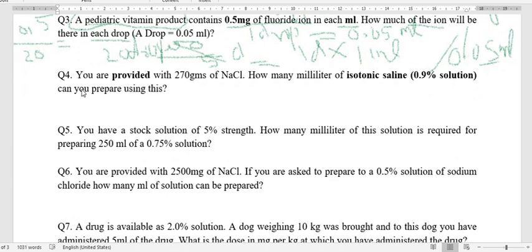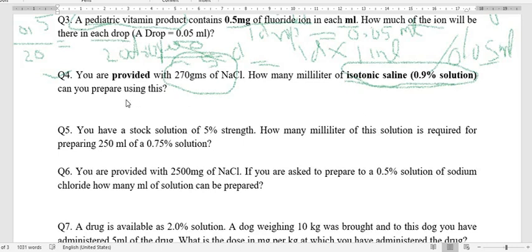Now we go to the next question, question number 4. In this, the question says you have 270 grams of sodium chloride, the total amount, and you have to prepare a 0.9% solution, an isotonic solution, saline solution.